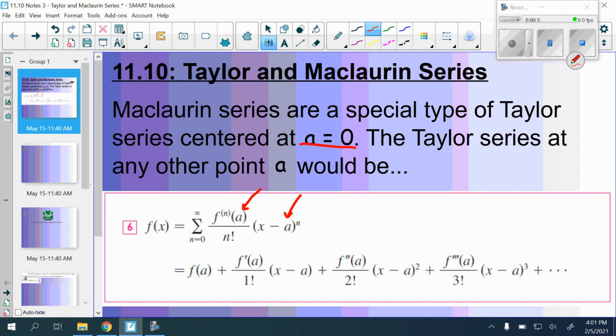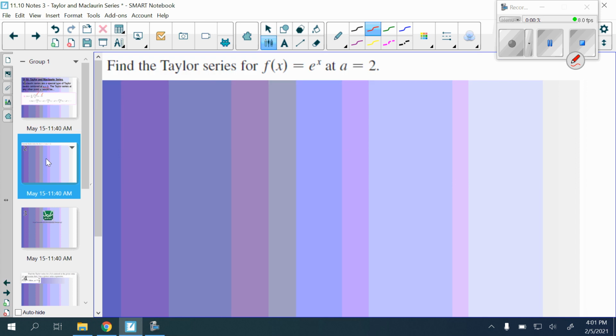So let's look at an example. This is one we looked at last time, the function e to the x, except it was the Maclaurin one at 0. Now it's centered at 2. So we're going to do the same thing we did last time. For any Taylor series, we're looking at the summation of f of n at a, where in this case a is going to be 2, all over n factorial.